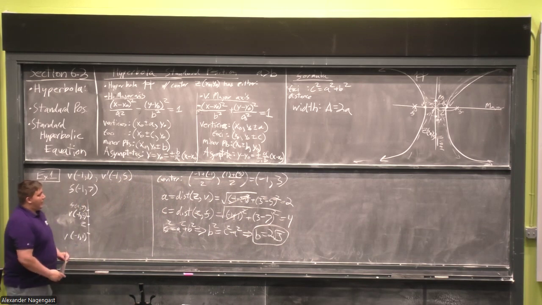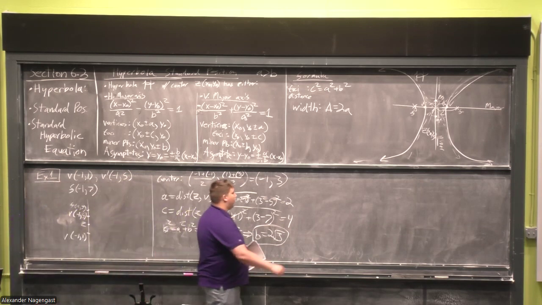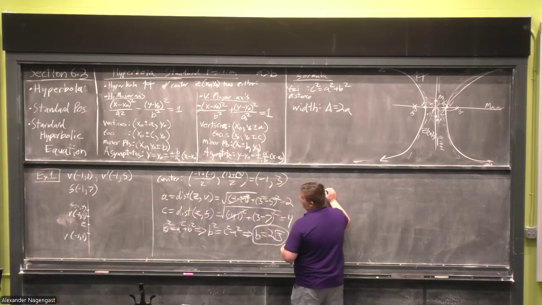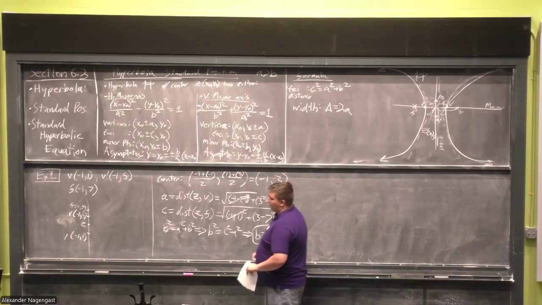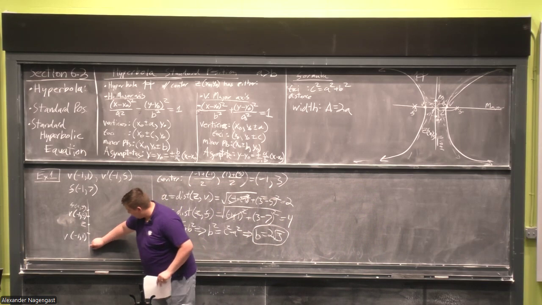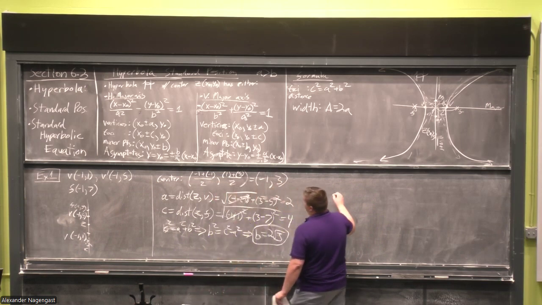So now we have our center, we have our A, we have our B, and we can write down our formula. So we'll look and see that this is a vertical ellipse because this is our major axis. So let's write down that formula.